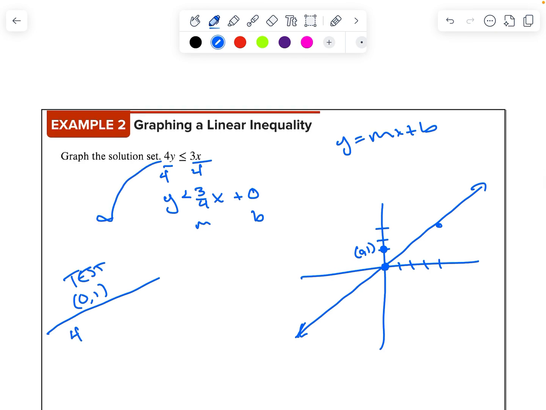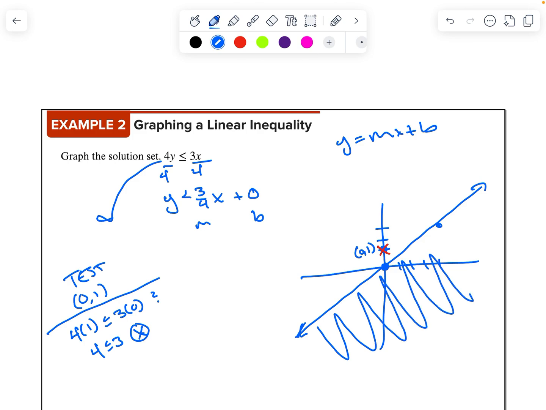That'd be 4 times 1 is less than or equal to 3 times 0. Is that true? That says 4 is less than or equal to 3. That is not true. This point did not give me a solution to that inequality, and so I know I'm going to have to shade on the opposite side. That point did not work, so we've got to shade the other way.